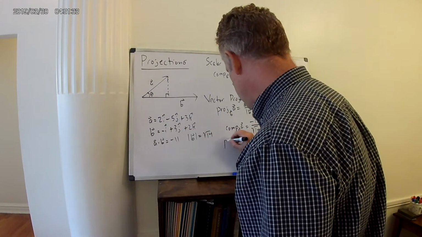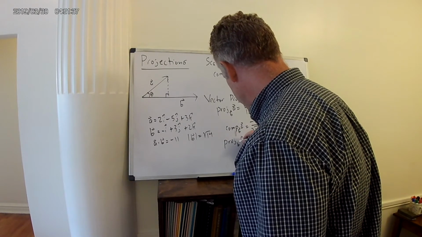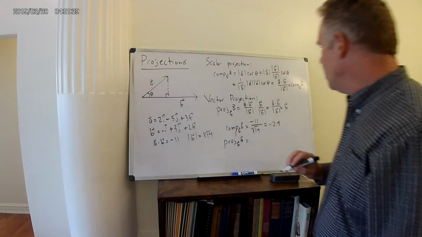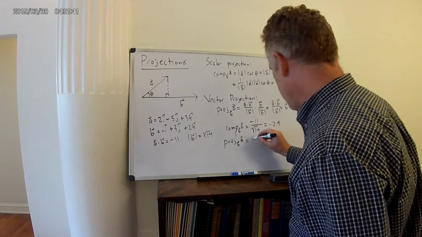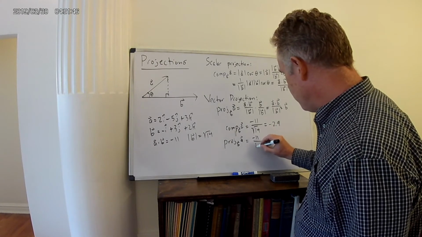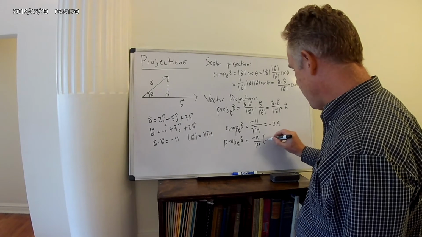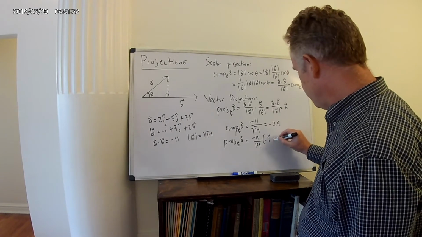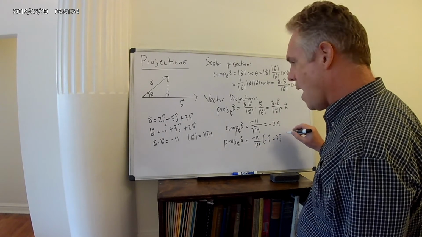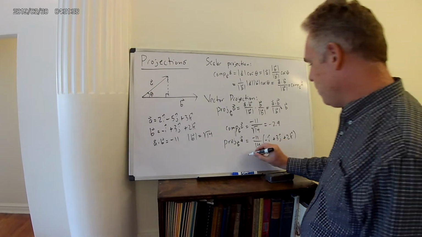The vector projection of vector A onto vector B is equal to the dot product, which is minus 11, divided by the magnitude squared, so that'll be 14, times vector B, which is minus i hat plus 3j hat plus 2k hat. And what we can do here is multiply this out.